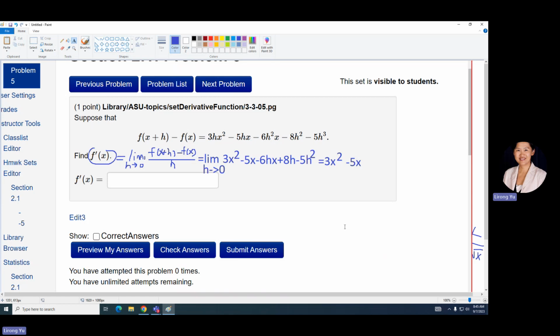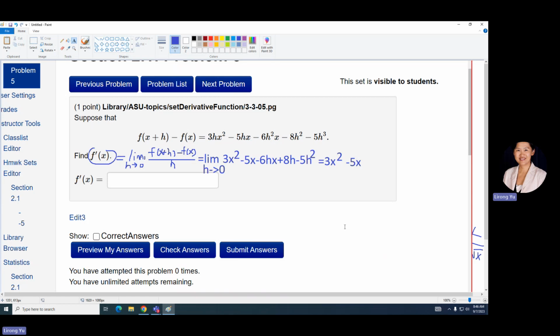When h approaches 0, these terms are related to x, not to h, therefore they will not be affected. So they're considered constant numbers if the variable is h. That's the solution to question 5. Any other questions?